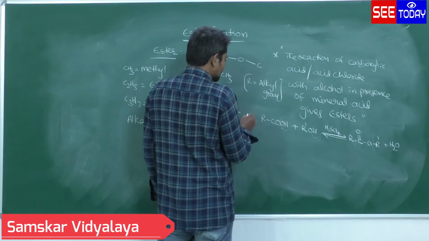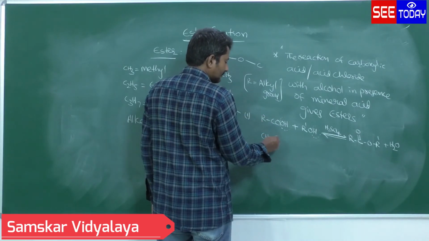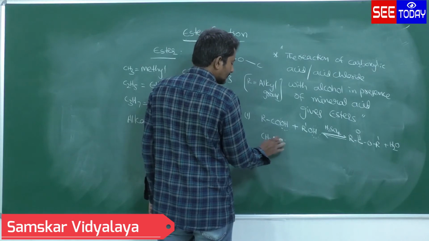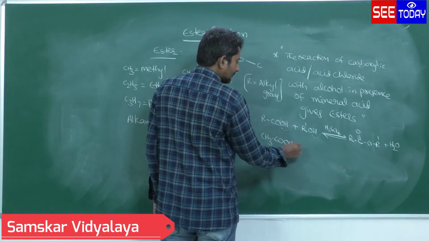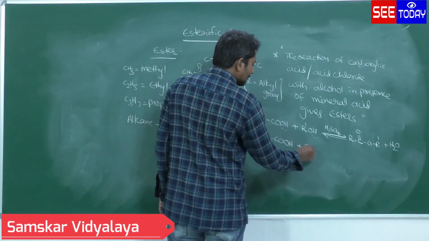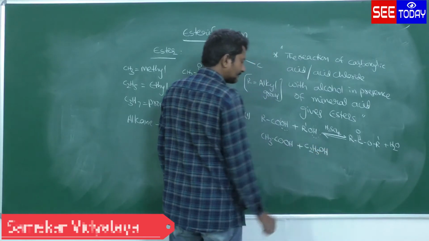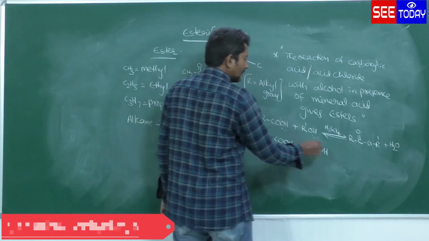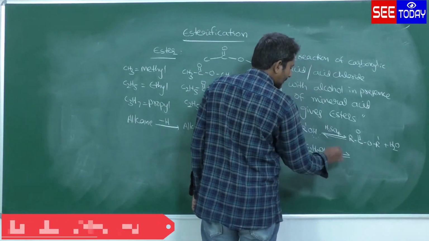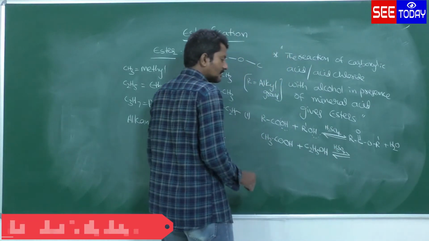Now let us see this first example. Now instead of R I am taking CH3COOH, acetic acid, plus alcohol C2H5OH, in the presence of H2SO4.